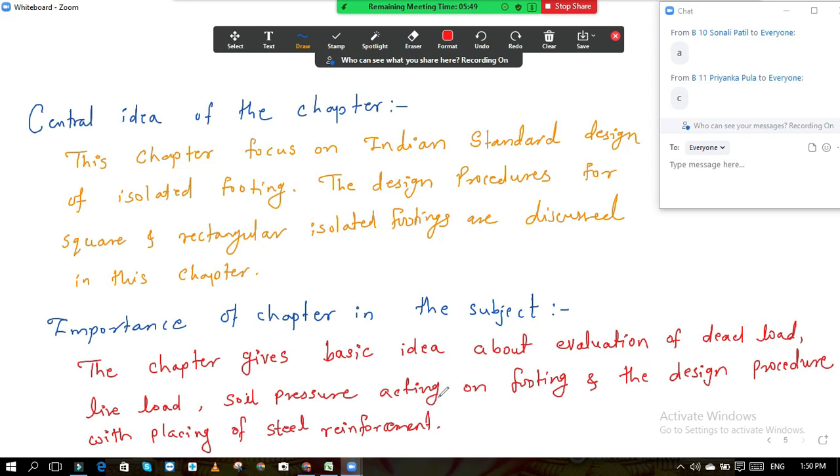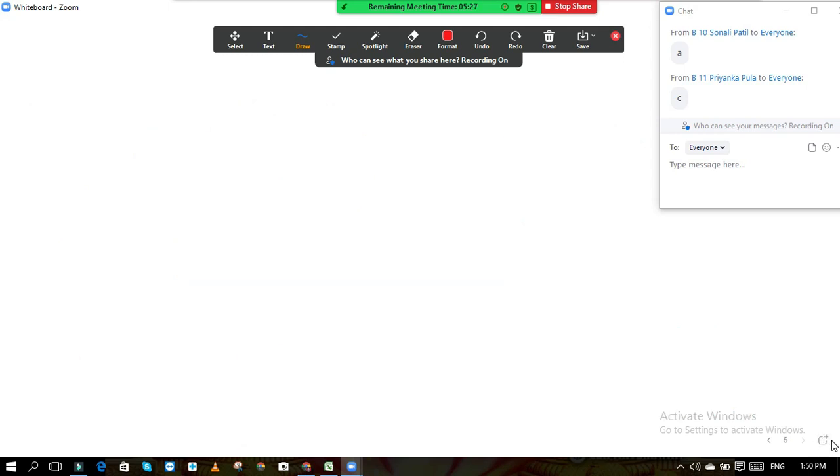Okay, this chapter focuses on concept and design of isolated footings.